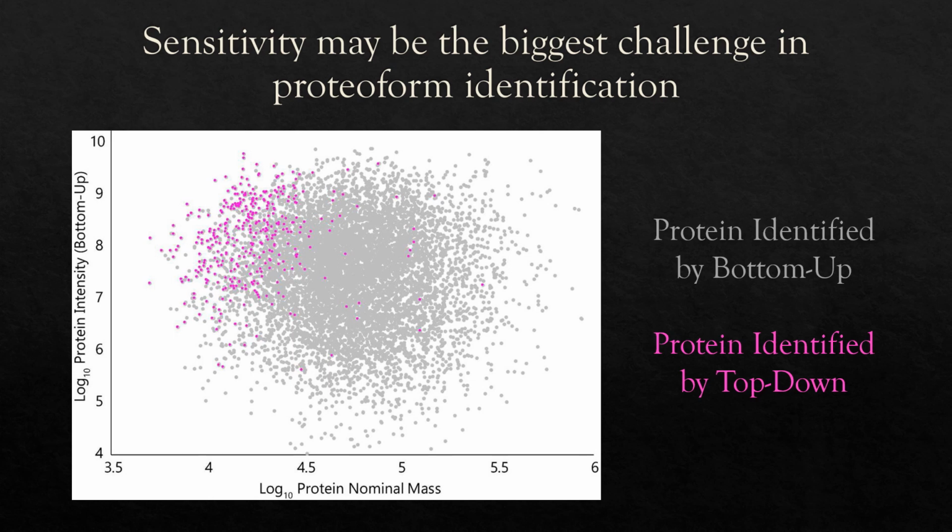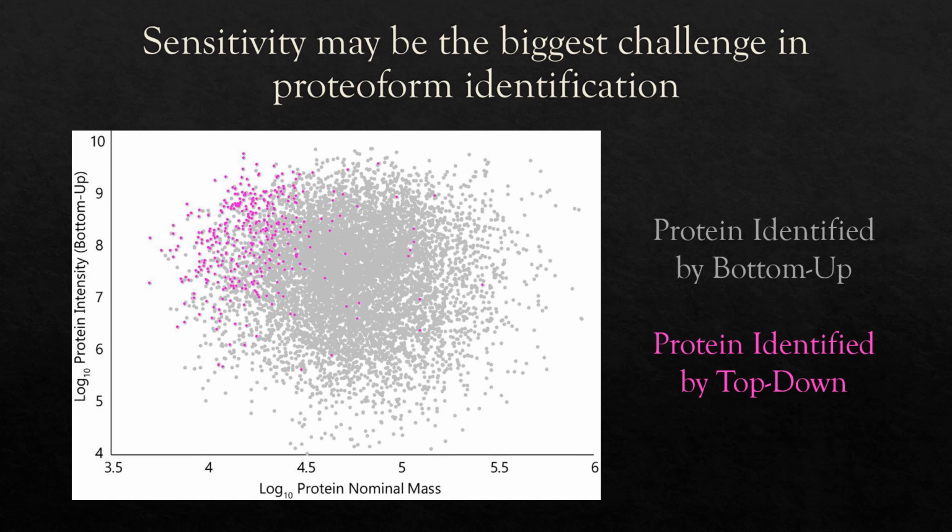Proteins are identified by one or more unique peptides. Along the horizontal axis, we have the nominal protein mass, and on the vertical axis, we have the protein intensity. So you can see by bottom-up proteomics, we're seeing proteins that cover a wide mass and intensity range.